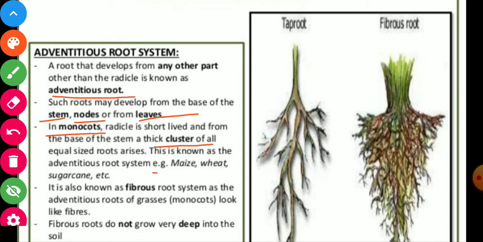They are found in plants like maize, wheat and sugarcane. These are the fibrous root system, found in plants which are monocot. So this is a fibrous root system, and this is a taproot system. This is a characteristic of dicot, and this a characteristic of monocot.